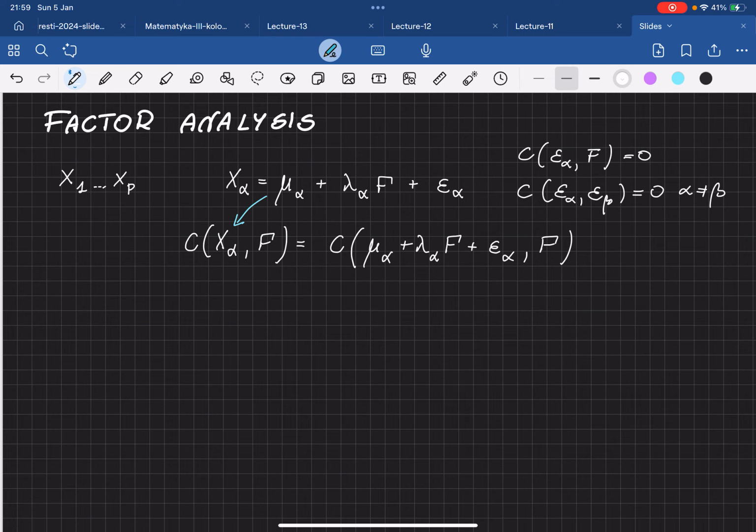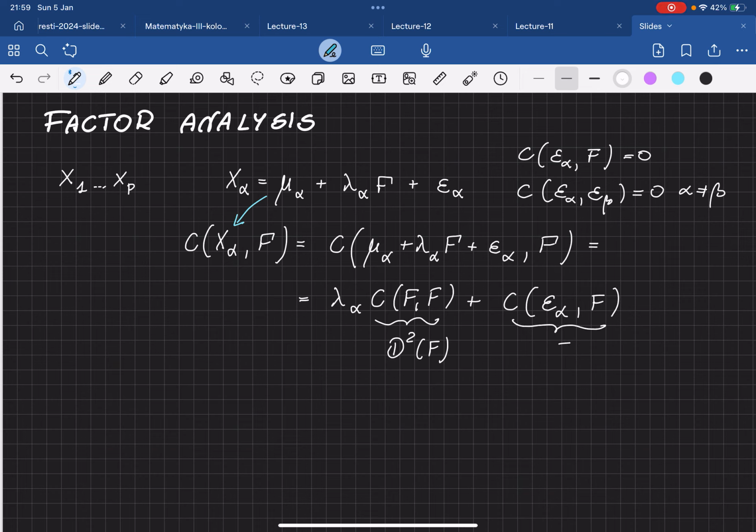And then using the assumptions, we see that, of course, this mu alpha doesn't matter much because it is constant. Therefore, we have lambda alpha times correlation between f and f, which is a variance of f, and then a correlation between the error and f, which is assumed to be 0.